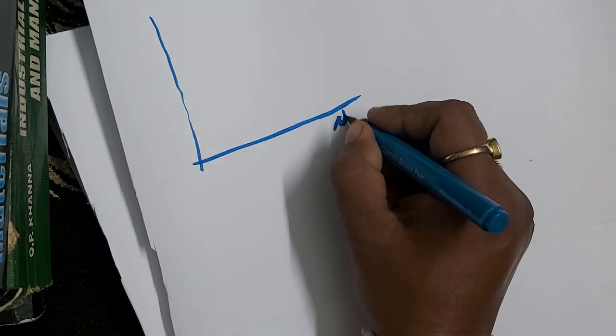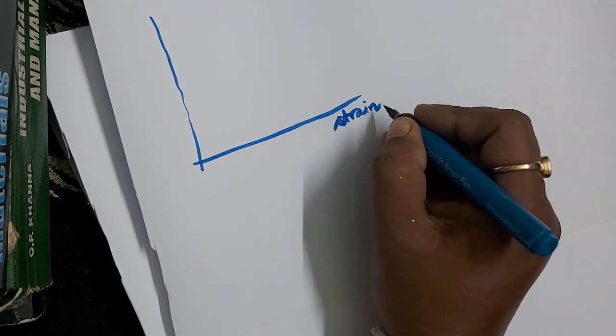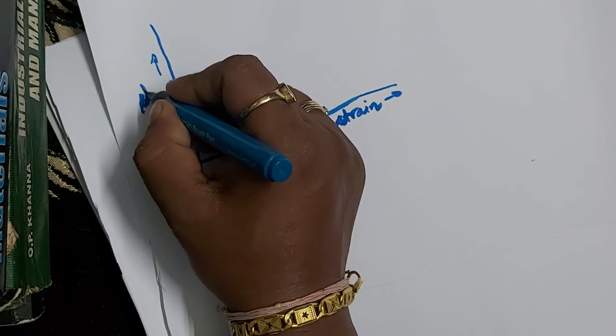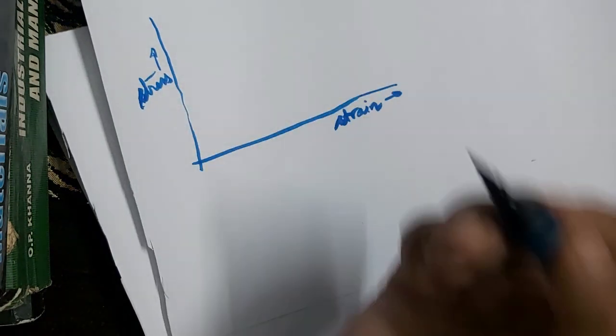This side strain and here in this side stress. Now we will draw the stress strain curve for these two structures. One is normal steel, another is annealed steel.